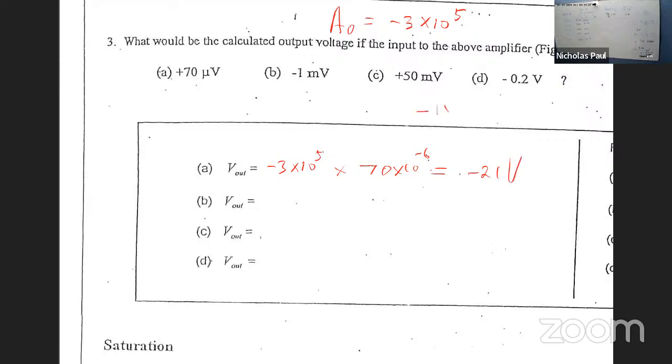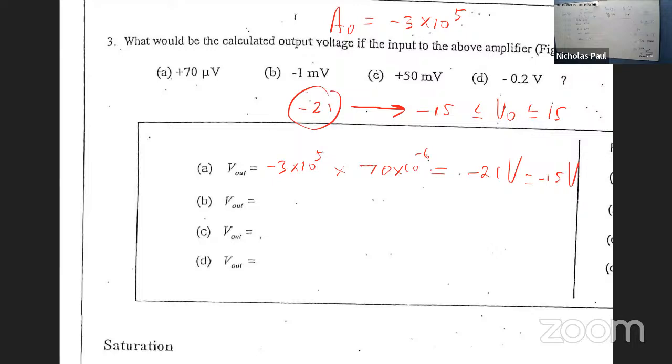Because our output has to be between minus 15 and 15. So here's what is happening. Anytime the value goes beyond, you bring it back to the closest limit. So for example, if it's at minus 21, you bring it back to the closest value.